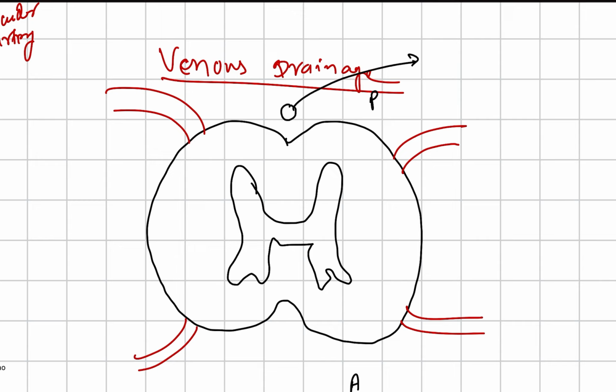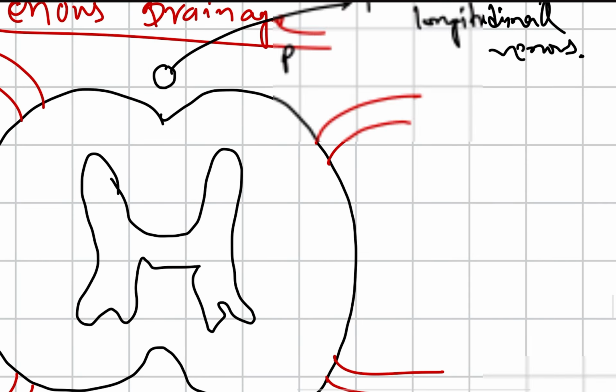This is called the posteromedian longitudinal venous canal. There is another venous canal beside this root.